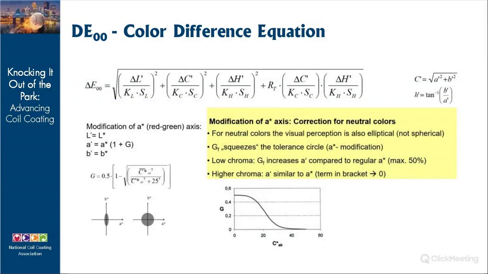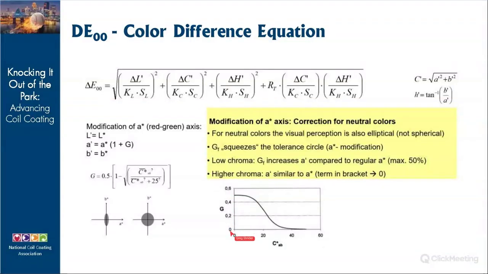Now we jump into delta E2000. So what are we changing here? Now we're adding this G factor, and this G factor is squeezing the tolerance or modifying the A-axis. So it won't be a spherical ellipse for the neutral colors. It's going to get squeezed some. And you can see the maximum impact it would have is 0.5.